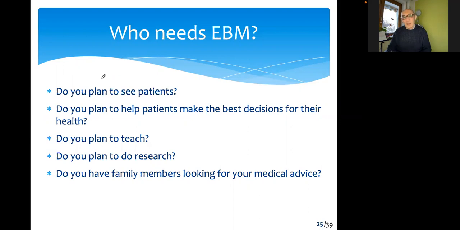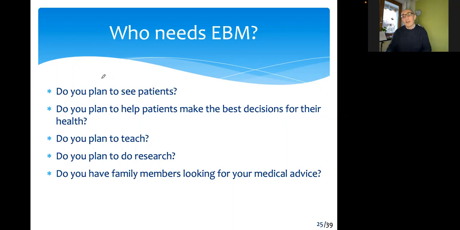But if you plan to see patients, if you plan to be involved in medical treatment, to help patients make better decisions, or even if you don't, if you are planning to take decisions for your own health, the health of your loved ones, the family, the peers, the friends, the neighbors, then of course you have the responsibility to base your decisions on evidence.